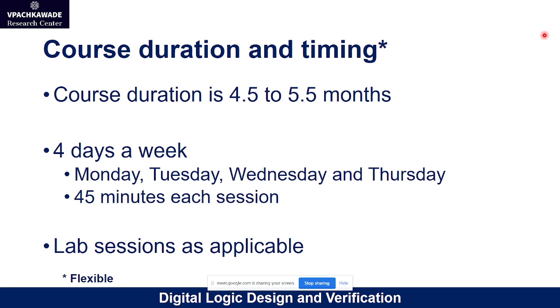I'll brief you now about the course duration and timing. Just understand that there is a star mark here, so it's a bit flexible. We'll adjust this according to the needs of the participants and their availability and convenience. The course duration is about 4.5 to 5.5 months, depending on your progress and how we can speed up or slow down during the delivery.